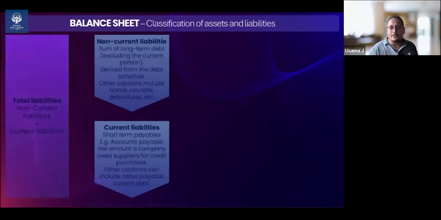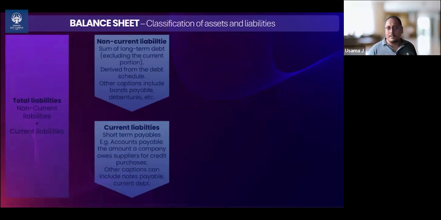Which brings us to the total liabilities, which we broke down on the current and non-current context. The non-current liabilities, this is the sum of, more often than not, your non-current liabilities, the bigger portion, if not its entirety, is going to be borrowings. Right?